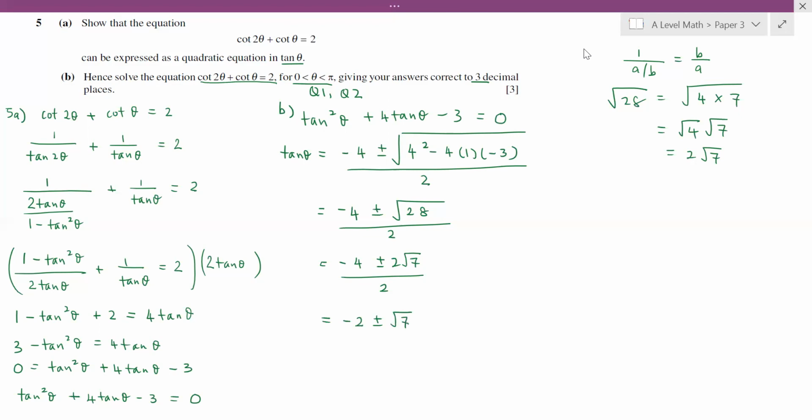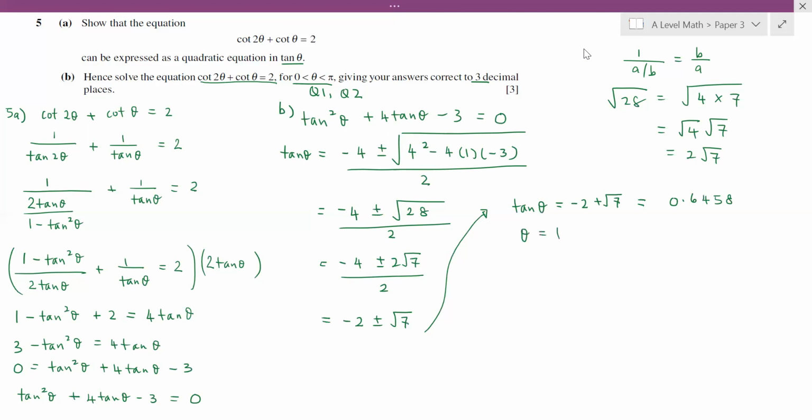There are 2 values for tangent theta, so let's look at the first value. If tangent theta is given by negative 2 plus root 7, evaluating using a calculator, we get 0.6458. This is a positive value, meaning that we should get a quadrant 1 angle.